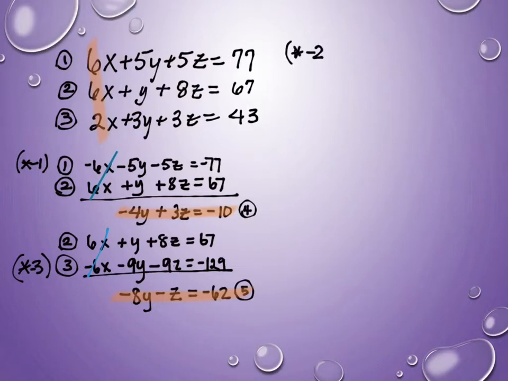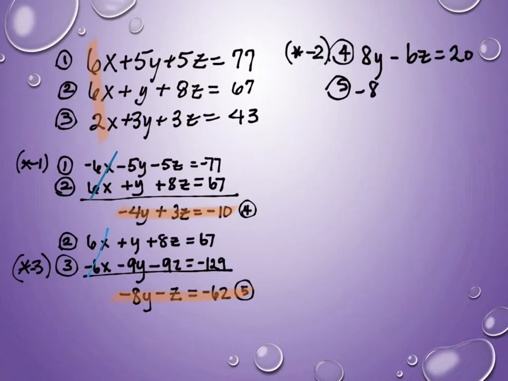All right, so I need to multiply negative 2 by equation 4. So I have 8y minus 6z equals 20. Is that right? And equation 5 is negative 8y minus z equals negative 62.